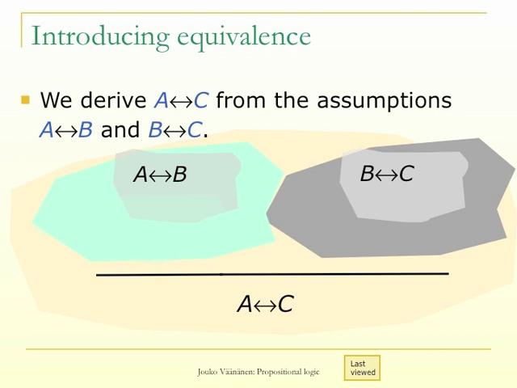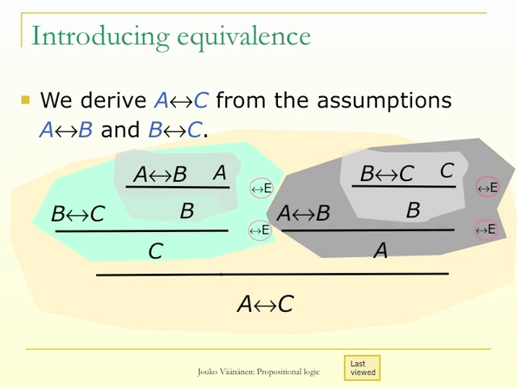We then make the temporary assumption A, trying to derive C, and at the same time we make the temporary assumption C, trying to derive A. We now use the assumed equivalences A if and only if B and B if and only if C, applying successively the equivalence elimination rule, getting C on the left and A on the right. We have derived C from A and A from C. We are done.